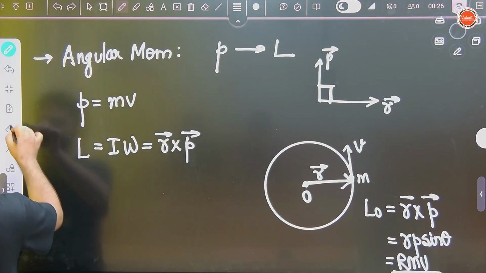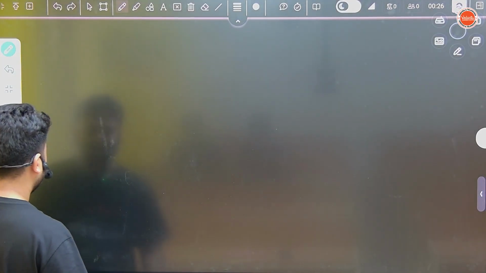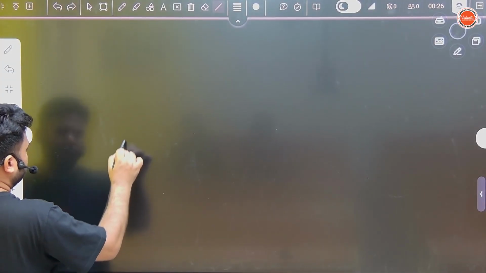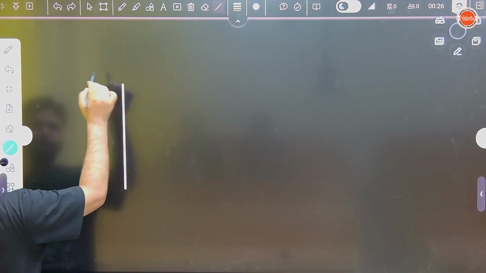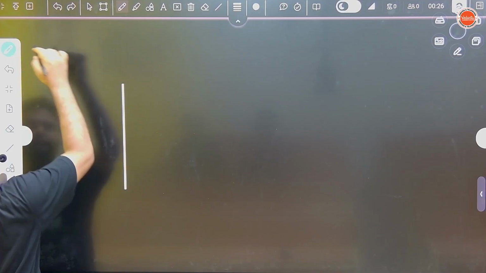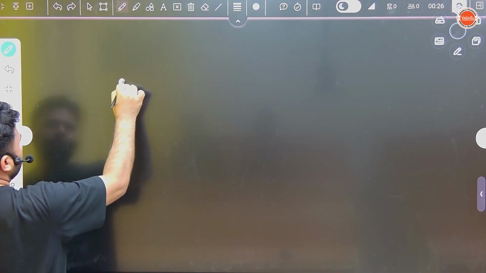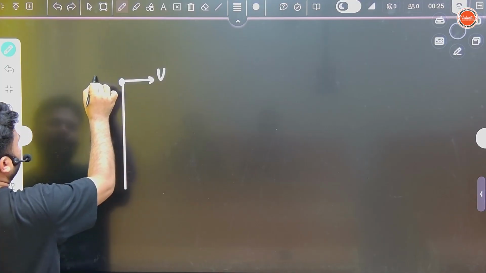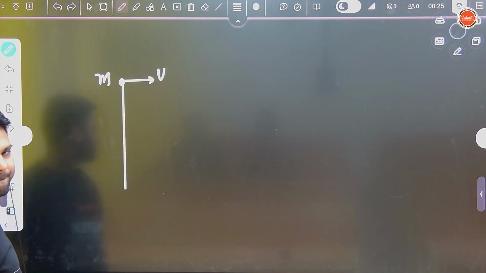See one more example. Suppose there is an object here, moving with velocity v. Mass of the object is m, correct?